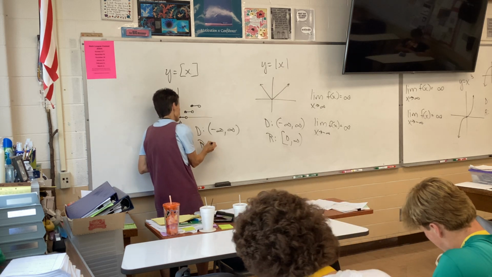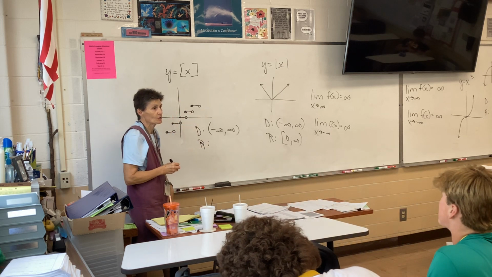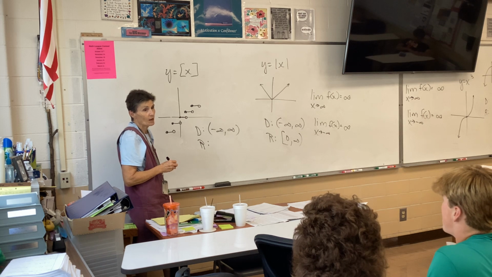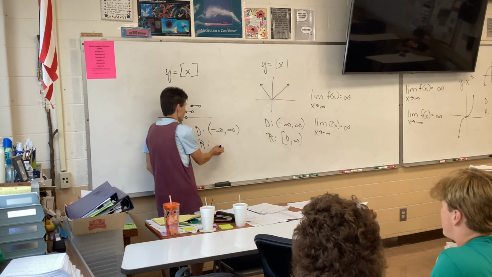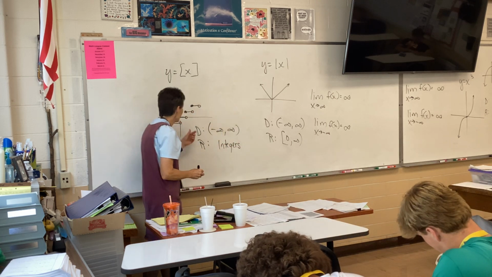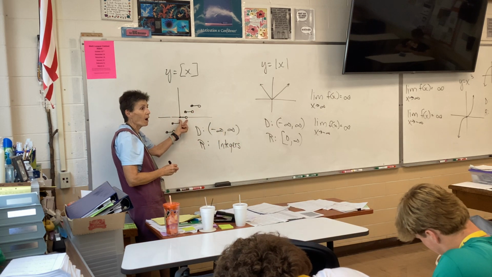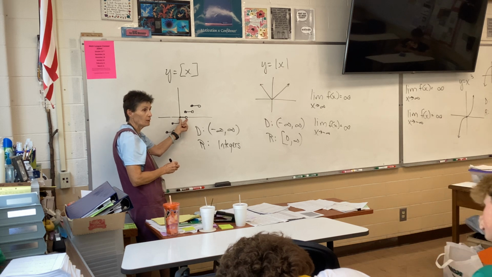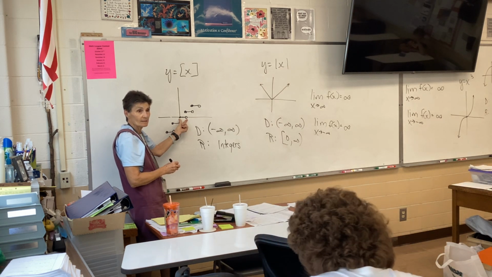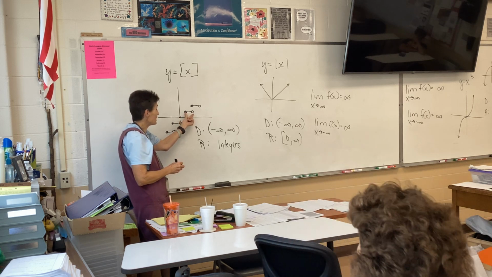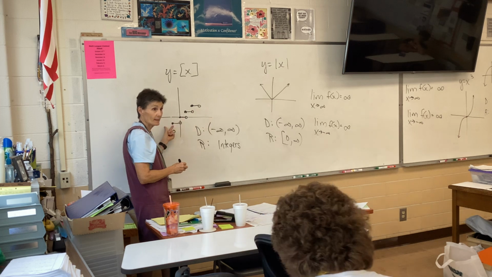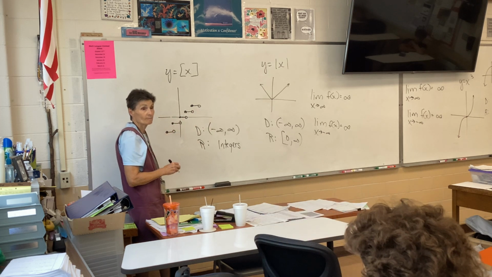What's your range? This is where the weirdness starts. Just the integers. Because if you plotted all these points, they would all have a y of 0, and then these would all have a y of 1 and 2 and -1 and -2 and so on.